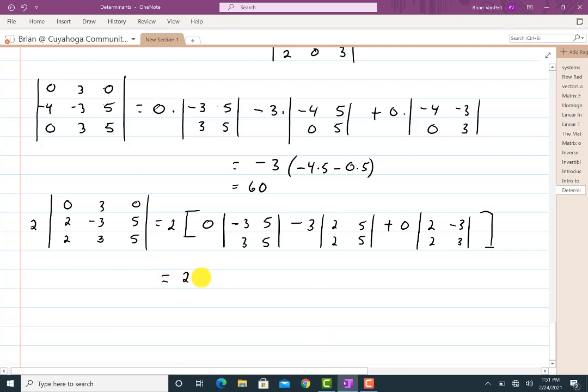So we have 2 times -3 times, let's see. Well, you can see that this column and this column are linearly dependent. So in fact, if you take this column and multiply it by 2.5, you get the second column. Well, if they're linearly dependent, then automatically that determinant's equal to 0. So I didn't need to do any of this. All of this is just equal to 0.